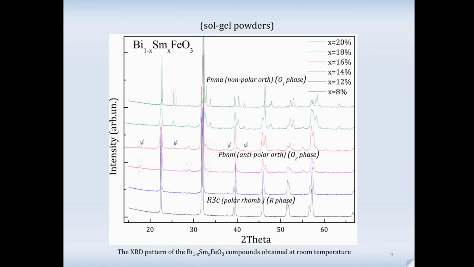This is quite natural because of the different synthesis and different morphology of the grains. The average size of the grains is 100 or 200 nanometers, as compared to grains of compounds prepared by ceramic methods, where we have microns. This is understandable.